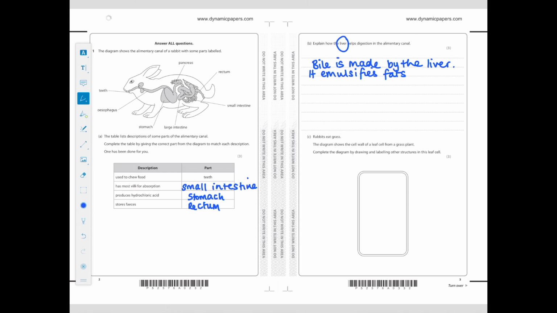And that means that it breaks down large fat droplets into small fat droplets to increase their surface area for breakdown by the enzyme lipase.